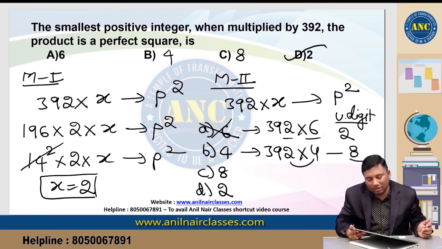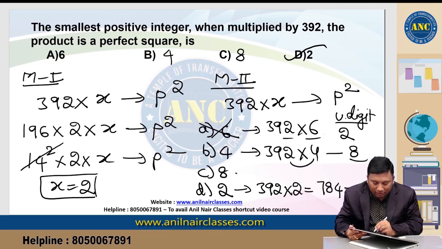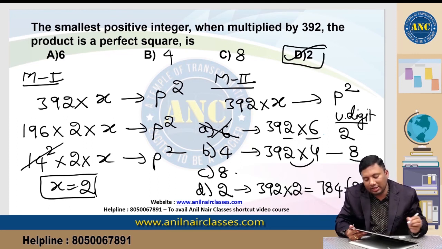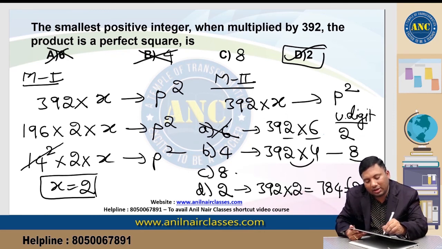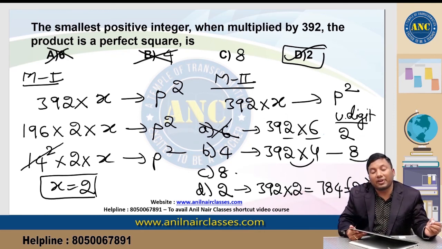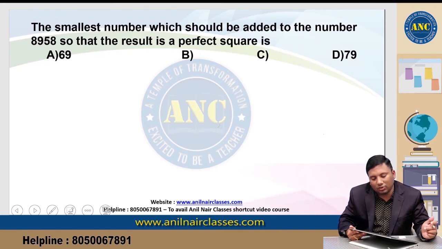A perfect square never ends with 2, 3, 7 or 8. I hope the idea is clear, right? 392 into 2 is nothing but 784. 784 is 28 square. Just by looking at the question, I can tell this logic. The answer should be 2; the other options are eliminated because of the perfect square logic.